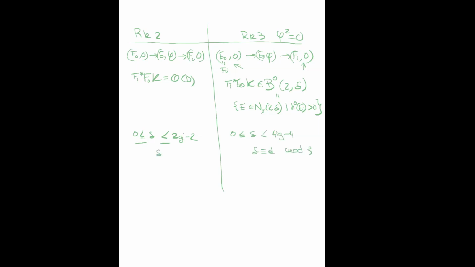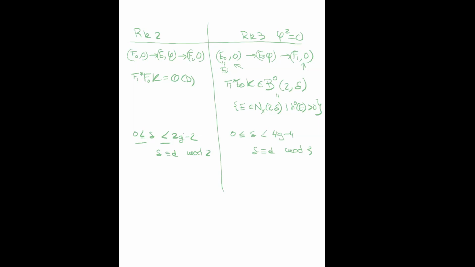Here we have delta congruent to degree mod 2. Then the components will be non-empty. Okay, so now the theorem in this case, everything works as before.